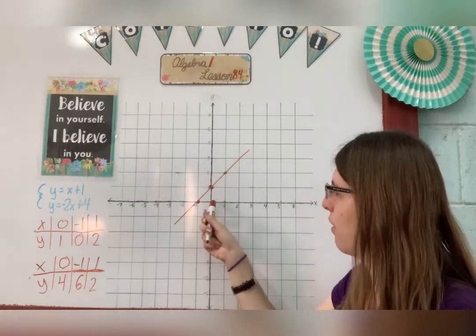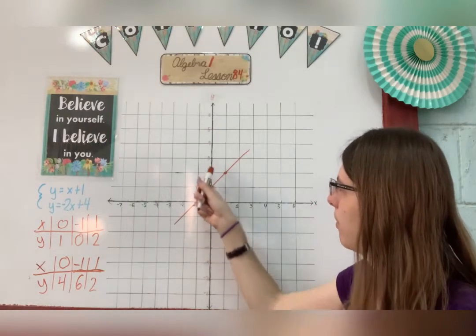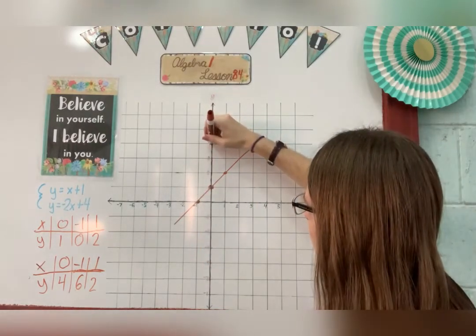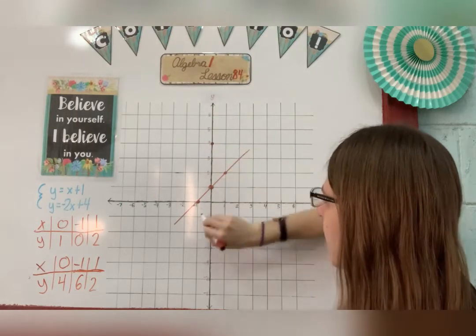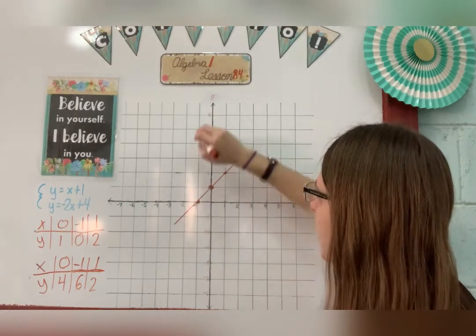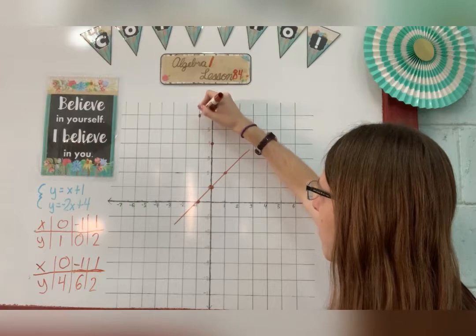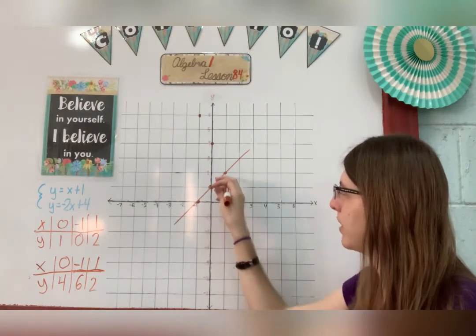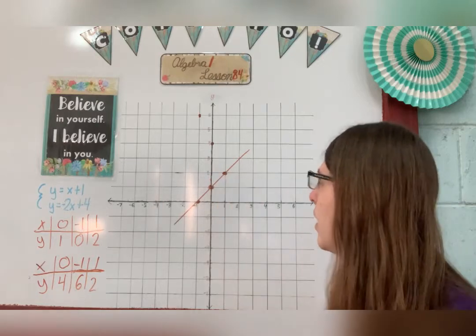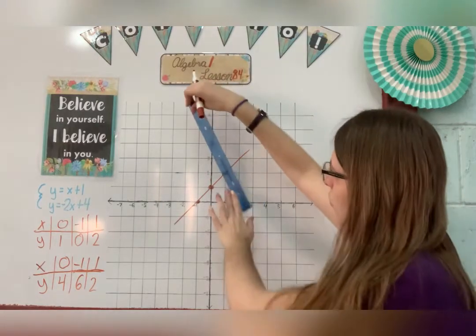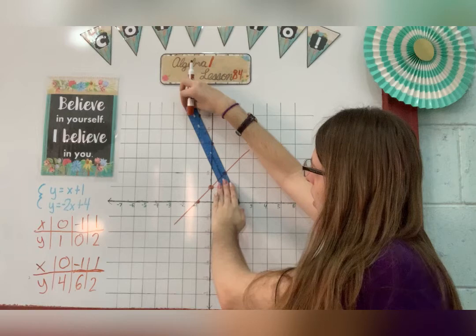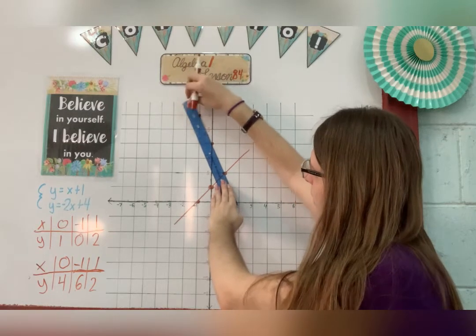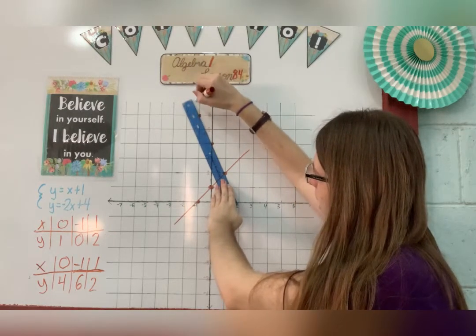X is 0, y is 4. X is negative 1, y is positive 6. X is positive 1, y is positive 2. Okay. Use my ruler to draw a line through those points. Try to go through the center of the points.